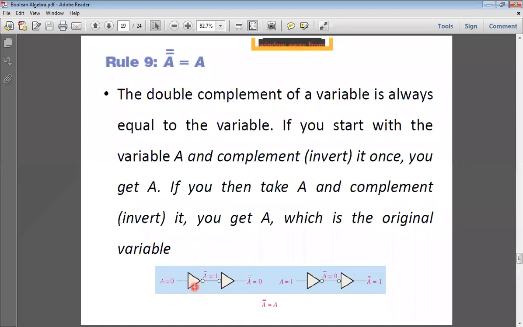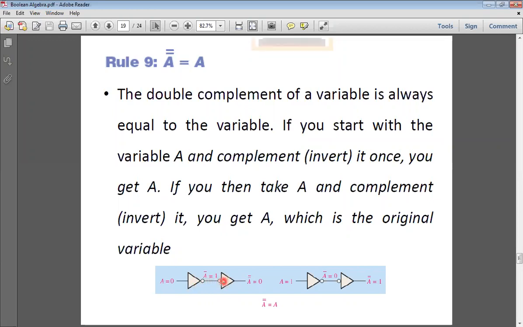And what is the symbol for complement in digital electronics? This is the symbol, one triangular symbol facing right side, and add a bubble to it, that becomes the complement operation. This is one complement, this is the input, this is the output of the first complement. The output of the first complement is taken and applied to another inverter.